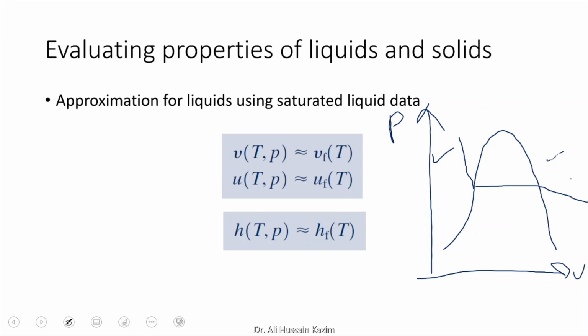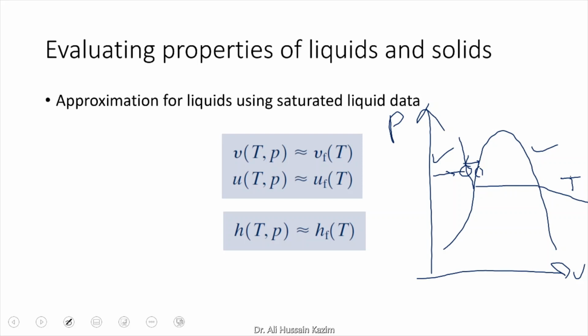Let's say we need temperature and pressure. However, in the liquid region, the properties don't change much. What does it mean? It means that for a given pressure, on this line, it changes very little. In the liquid region, the volume changes very little.